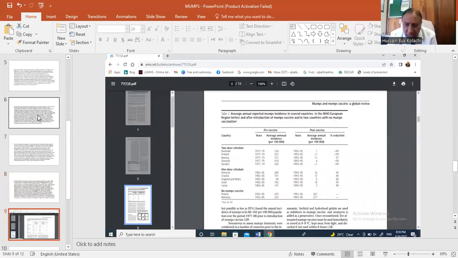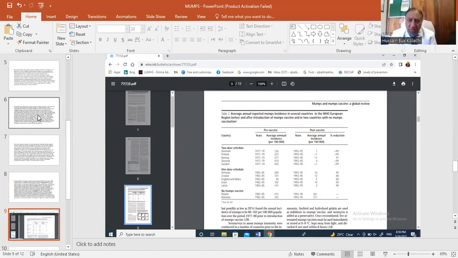This slide shows that if the vaccine is given, the number immediately drops. It shows some countries which used the MMR vaccine and some which did not, and some used one dose and some used two doses.